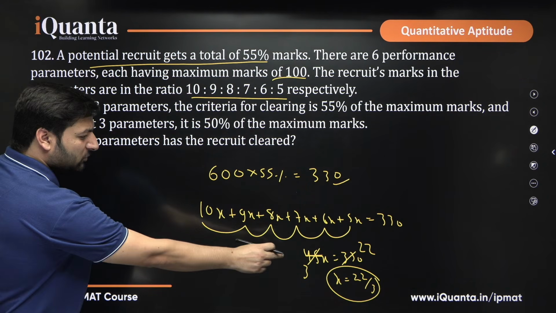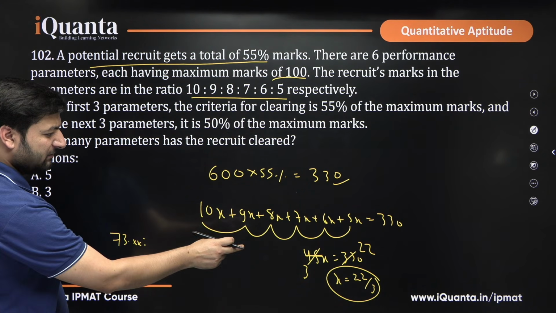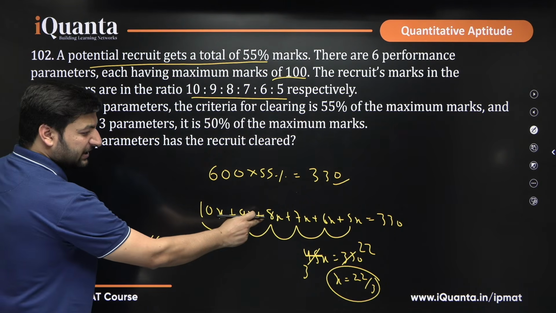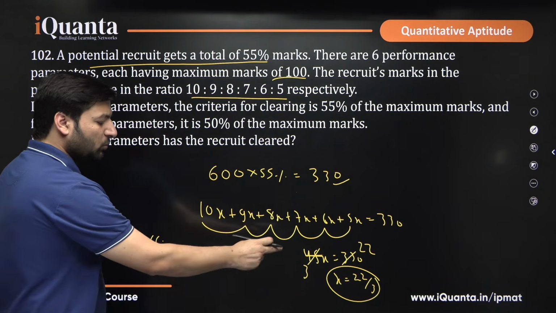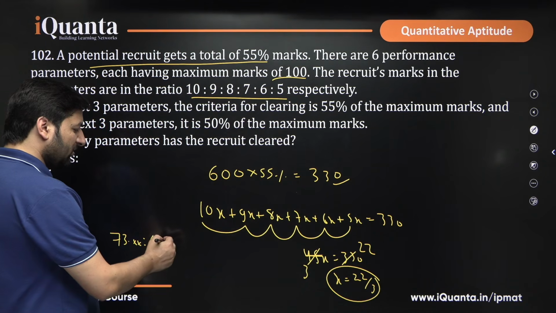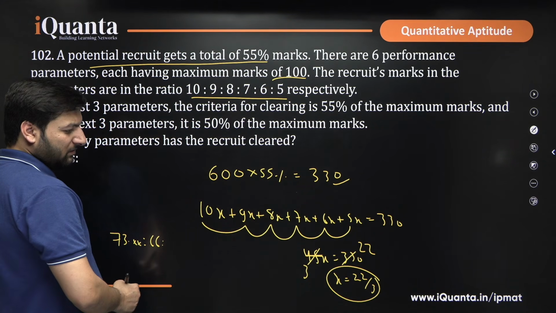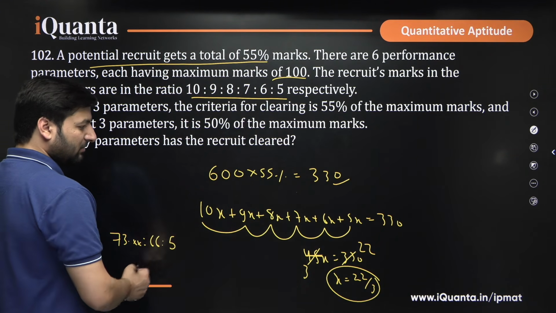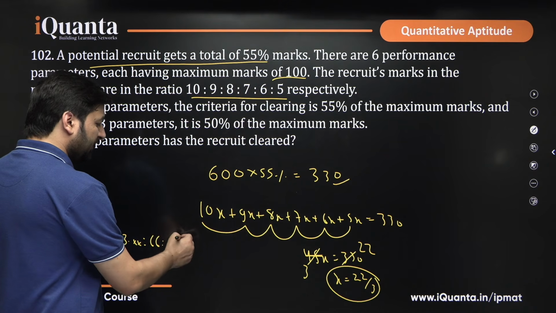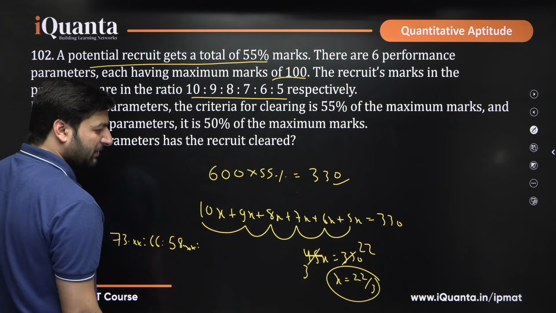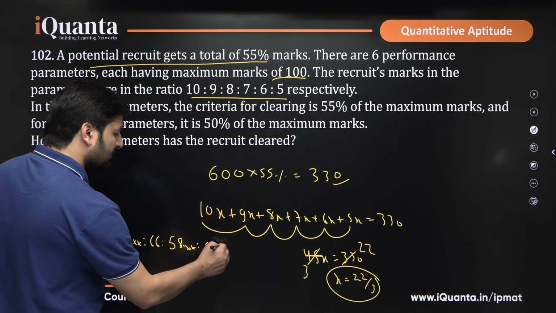Second subject, 9 into 22 by 3, that means 198 by 3, that means 66 marks. Marks in third subject, 8x, 8 into 22, 176 by 3, that means somewhere around 58 point something, right. 7x, 154 by 3, that means 51 point something.